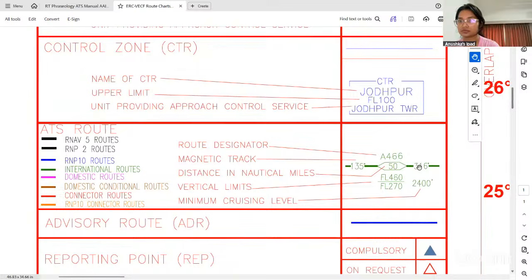VORs will give you radials, NDBs will give you relative bearing. And then you can always ask any ground station to give you a QDM, magnetic track to a station, destination. Here we can see that the routes also have magnetic track mentioned.